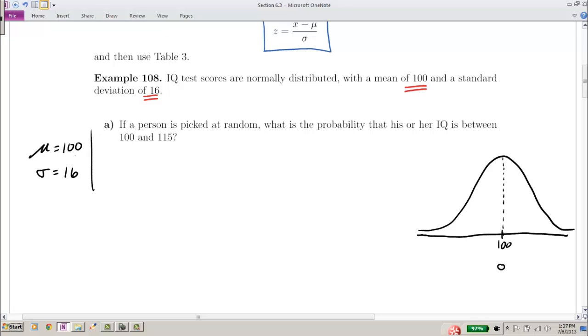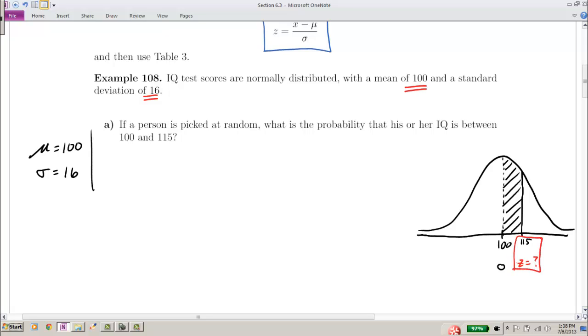So I want to know what is the area between 100 and 115. What's the probability that the IQ will lie between these two values? I know the z-score for 100. What I need is the z-score for 115.